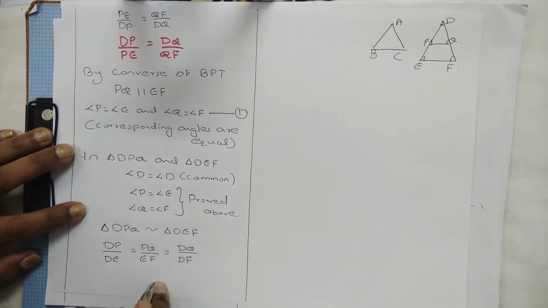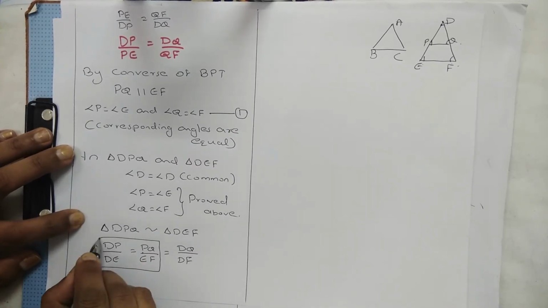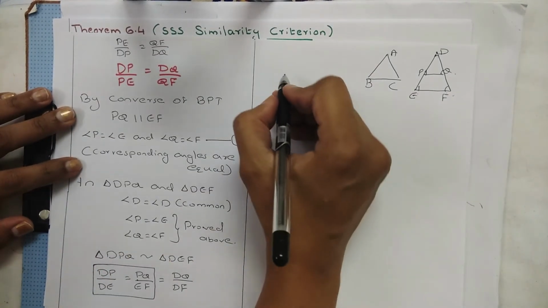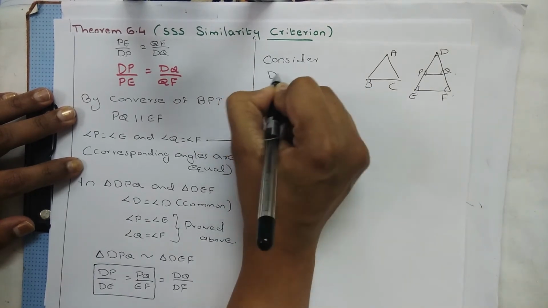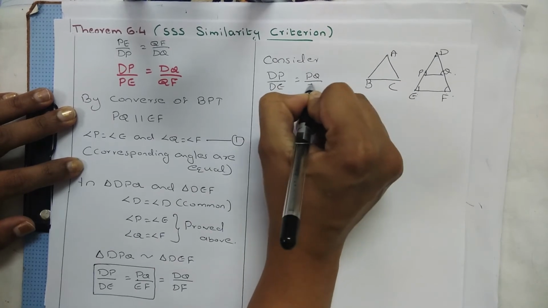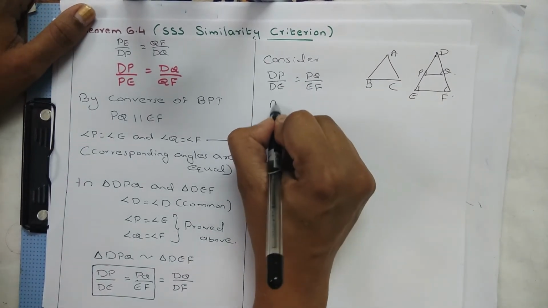Our aim is to prove what? PQ is equal to BC. So I am considering only these two ratios. Now consider DP by DE is equal to PQ by EF. After considering, DP I am going to write as AB here.